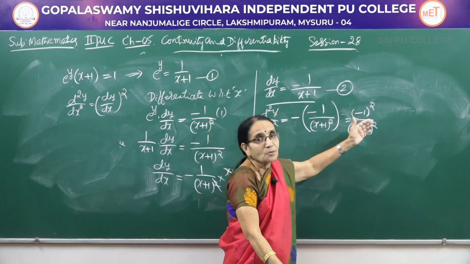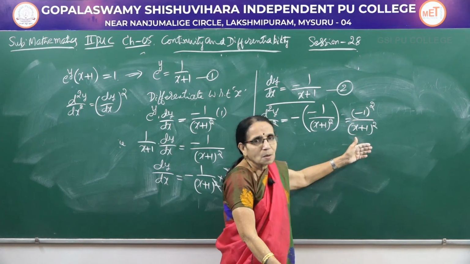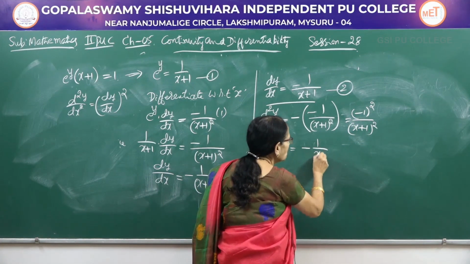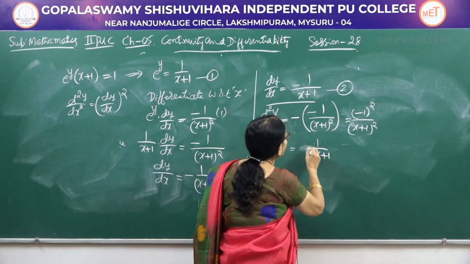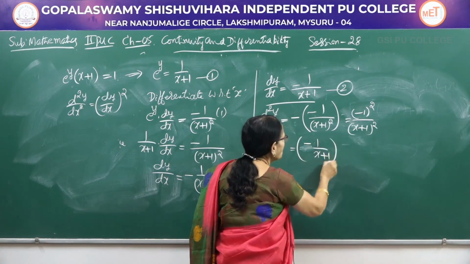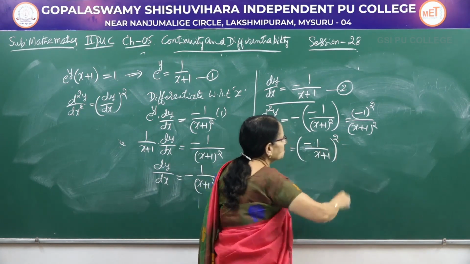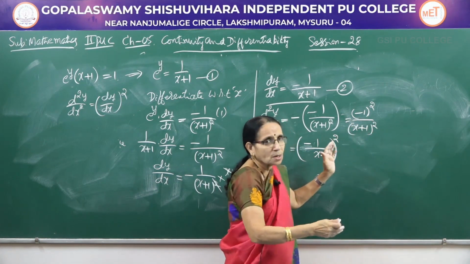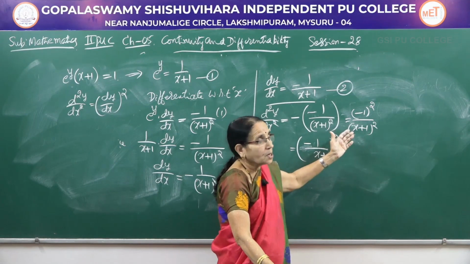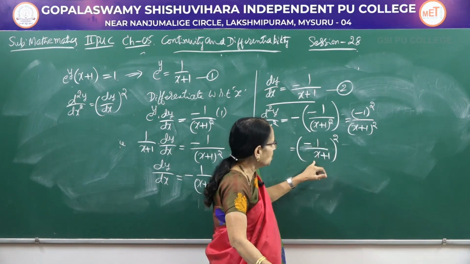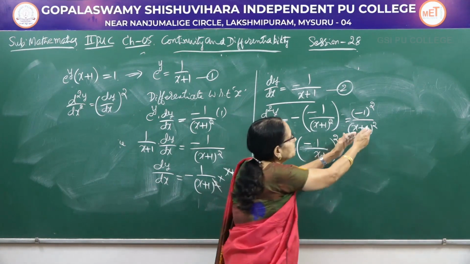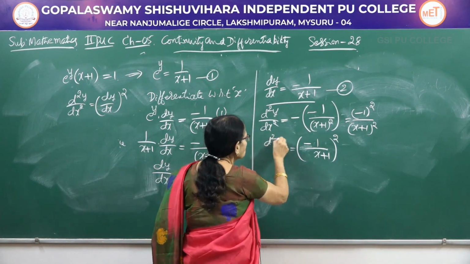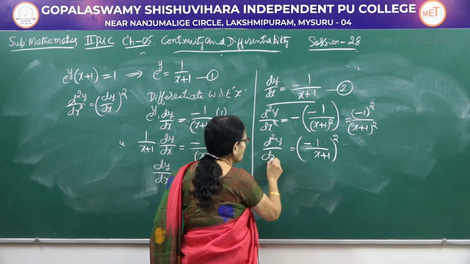Now I am using the law of the indices. A square divided by b square can be written as a by b the whole square. So minus 1 by x plus 1 the whole square. It is minus 1 whole square, x plus 1 whole square. Using the last law of the indices, you can write minus 1 over x plus 1, that whole square. Now I am taking it to the whole term here. This is d square y by dx square.